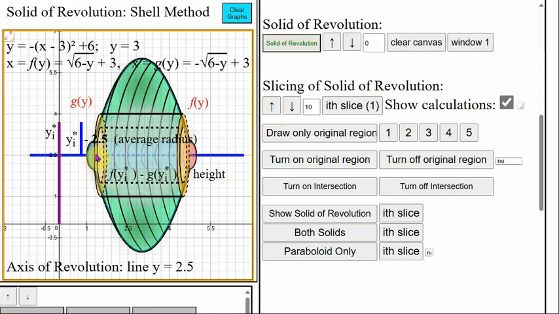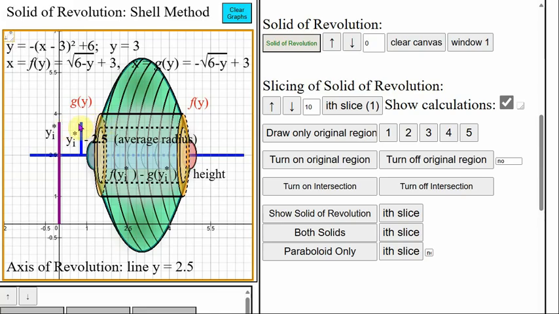For the ith shell, the distance from the axis of revolution to here is the radius of the inner shell, and the distance from here to here is the radius of the outer shell. Right in the middle, let's call it y sub i star.